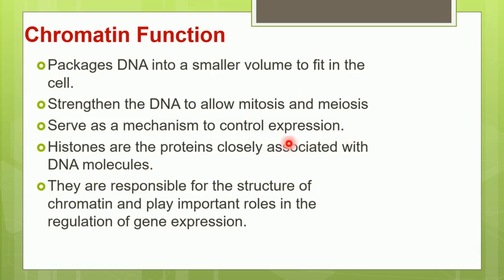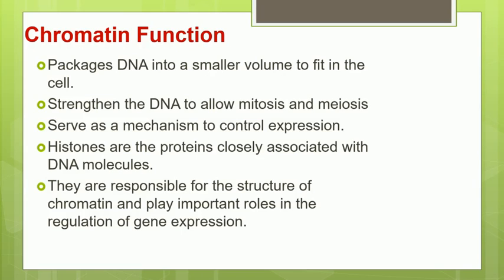Next, the histone proteins. They are closely associated with the DNA molecules, and these histone proteins are responsible for the structure of chromatin. So you must have studied the structure of nucleosome. What is nucleosome?